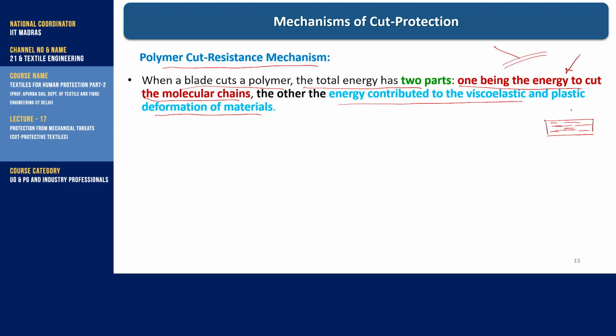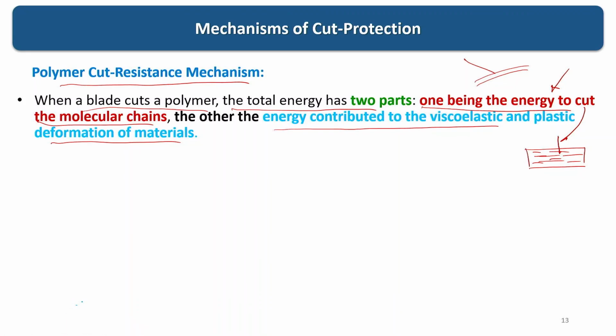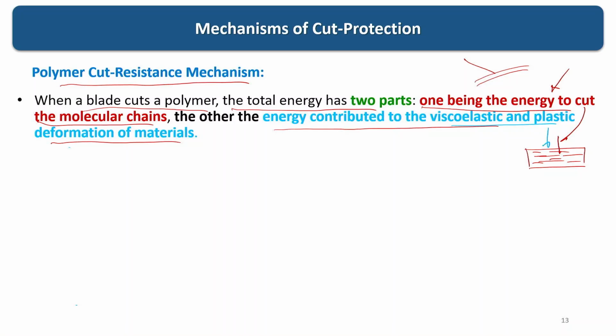So, the molecule will get cut, for that we need one part, and another part is that there will be viscoelastic or plastic deformation. Before the cut, the material gets deformed due to the force applied by the knife or any sharp object.